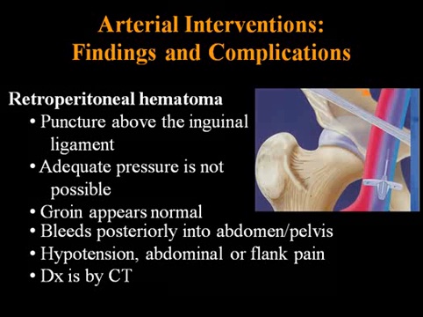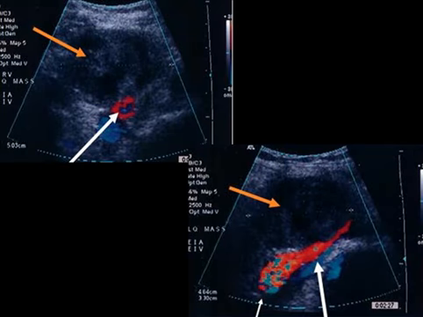These patients are often referred because the hematocrit is dropping or because there's been a drop in pressure. You put the transducer down in the groin, and the groin appears to be normal. Keep in mind with these high puncture sites that the issue may not be at the puncture site itself. It could be higher. The bleed could be anywhere, and you'll have to look up higher. Typically, the diagnosis for retroperitoneal hematoma should be a CT scan, but occasionally you'll get lucky.